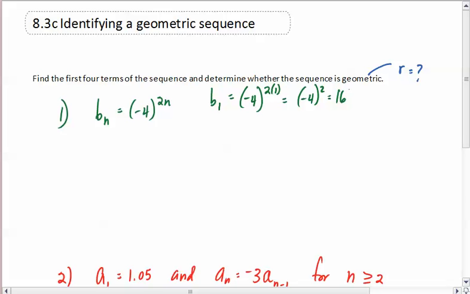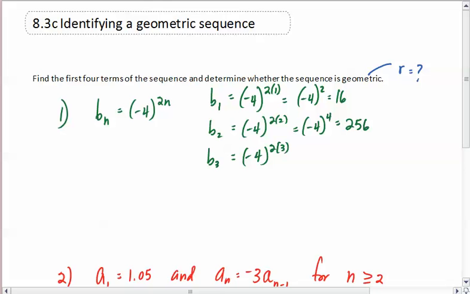Okay? So let's find b sub 2. Negative 4 to the 2 times 2, so that's negative 4 to the fourth power, and that ends up giving me 256. b sub 3 is negative 4 to the 2 times 3 power, which is negative 4 to the sixth, which is a big old 4,096.